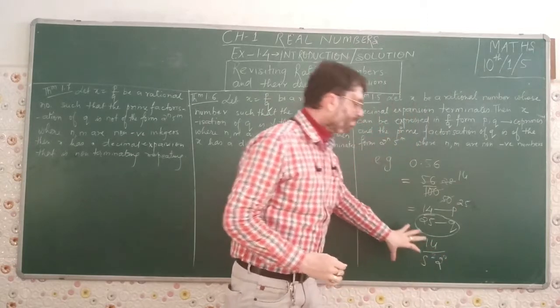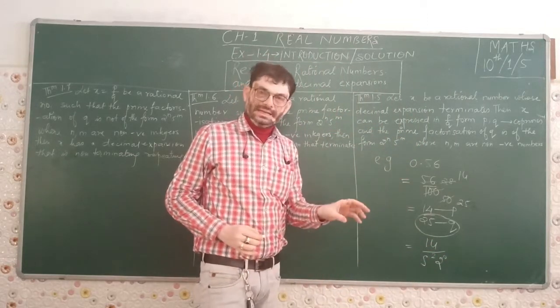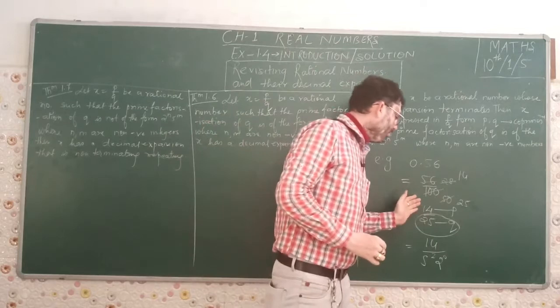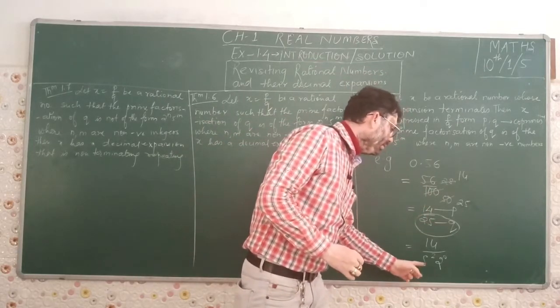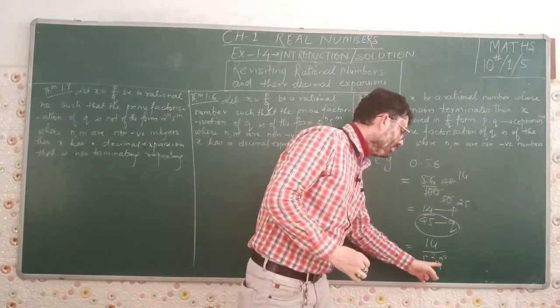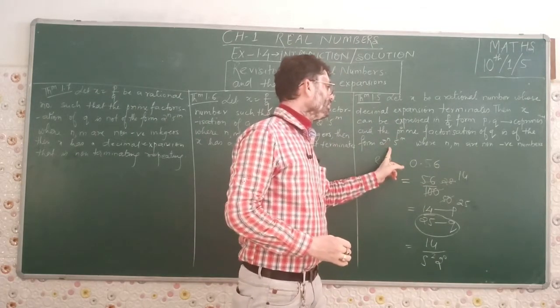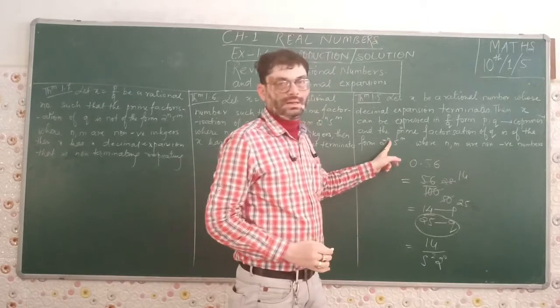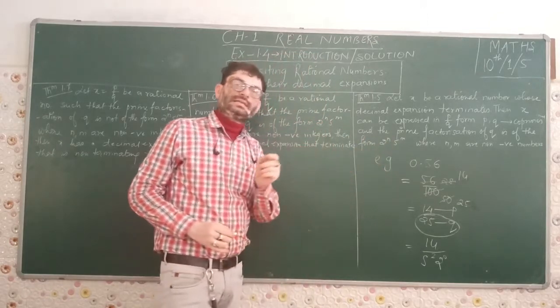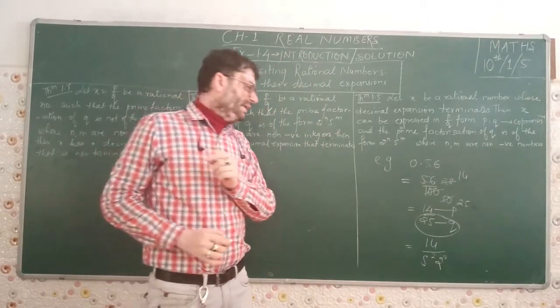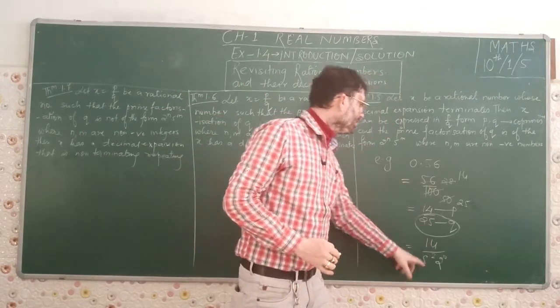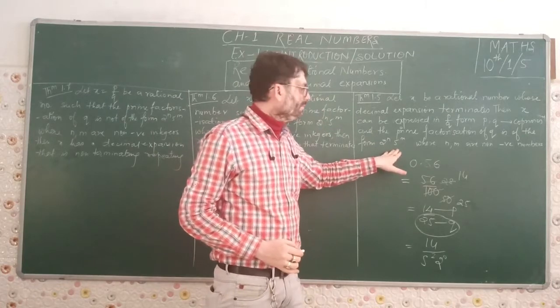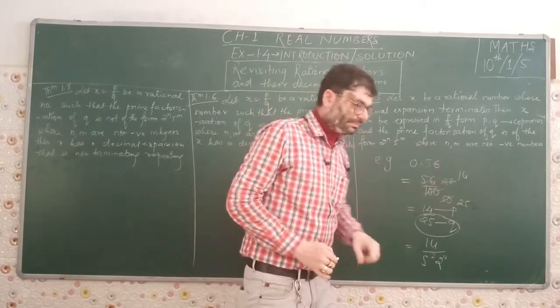So we can express a terminating decimal expansion in the form of p by q with the condition that q will be of the form 5 to the power 2, 2 to the power 0, that is 5 to the power m into 2 to the power n. That means a terminating decimal expansion can always be expressed in this form, denominator being of the form 2 to the power n and 5 to the power m.